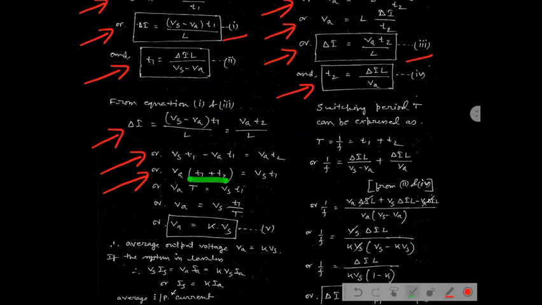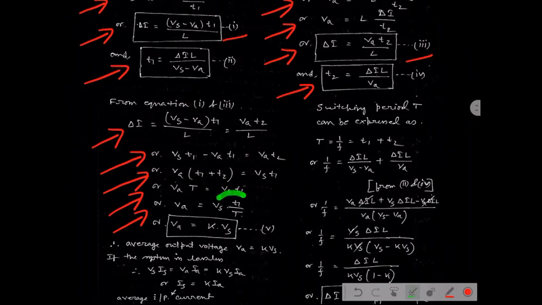As we know, T1 plus T2 is defined by the complete cycle T, so we can replace the term by T, which gives Va T equal to Vs T1. So after derivation, we get Va equal to Vs times T1 by T.